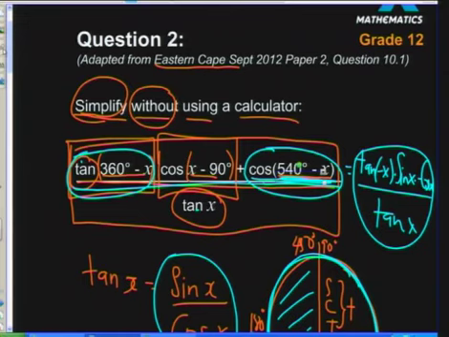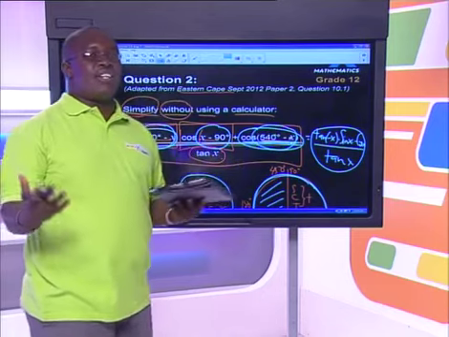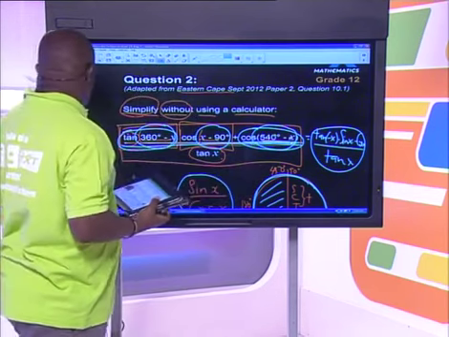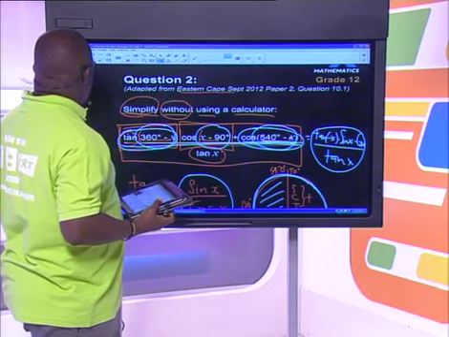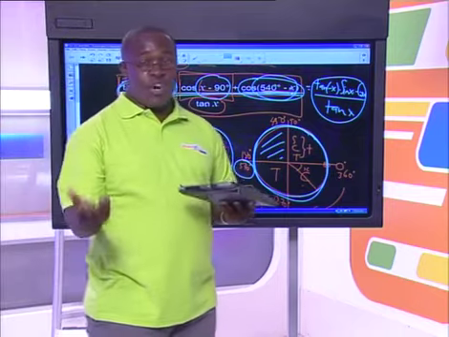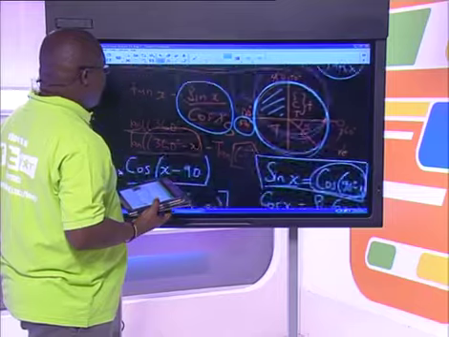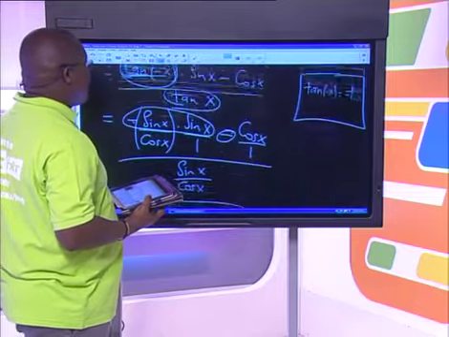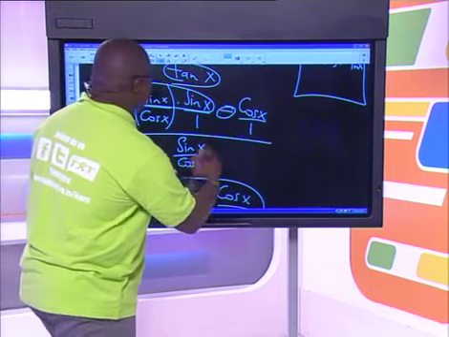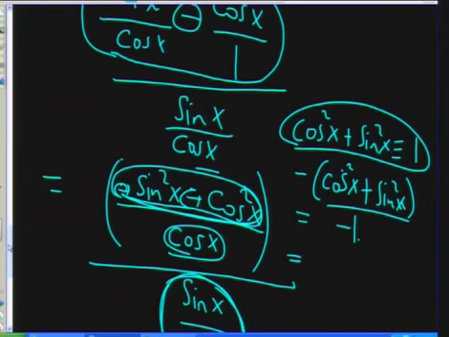What we did, we expressed these three as singular values in terms of x. Then we went on to simplify tan and expressed it in terms of sine and cos, which we did successfully. Then after that, we simplified by crossing out like terms and also using our identity, sine squared plus cos squared equal to 1, and we got our answer.